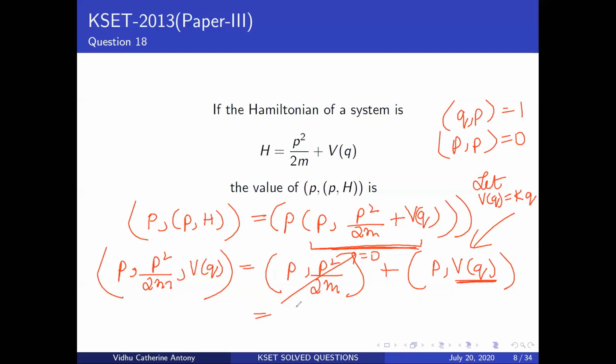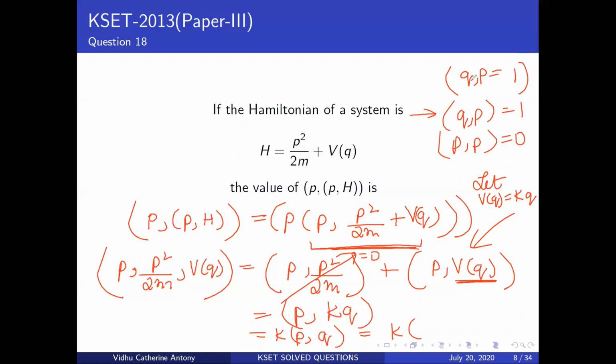And now we have {p, k times q}. Okay. Now, what did I tell you here? Here I told you that {q, p} is equal to 1, right? So I will take this and write {p, q}. k is a constant, so I can take it out. I will end up getting k into, this is a {p, q}, this is a {q, p}, so be careful about that.